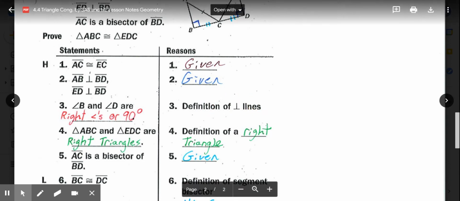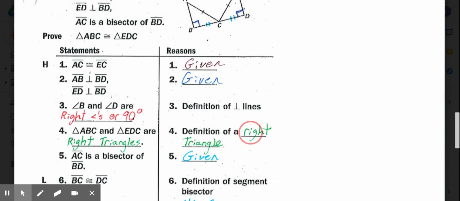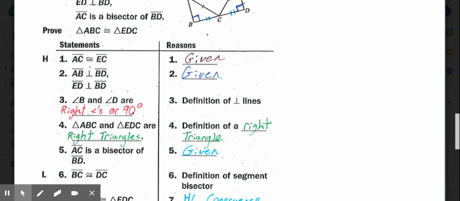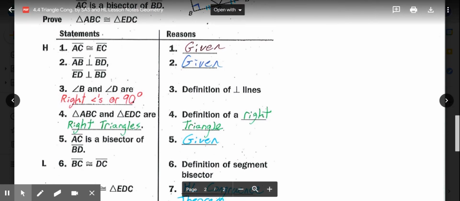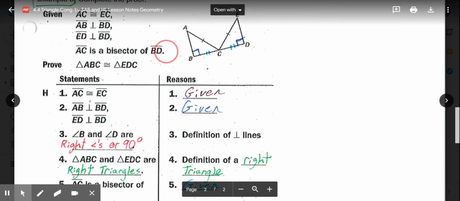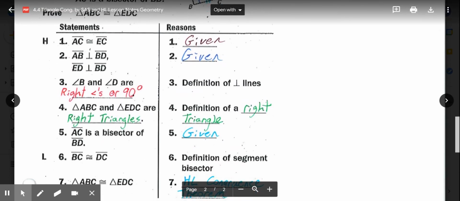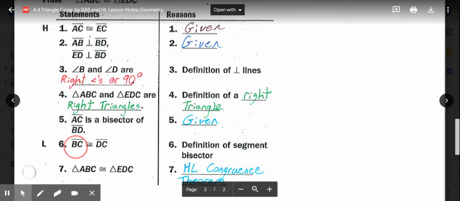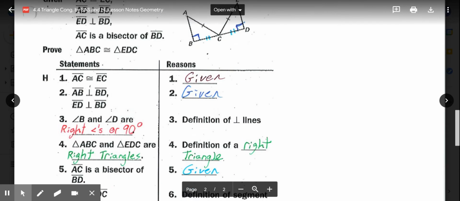Then we could state that triangle ABC and triangle EDC are right triangles from the definition of a right triangle. So we have to establish that they're right triangles in order to possibly use hypotenuse leg. Then we go down to knowing AC is the bisector of BD. That was just given info again, part of our given. And now they're going to apply that to say that BC is congruent to DC.